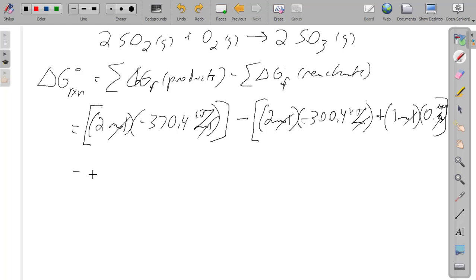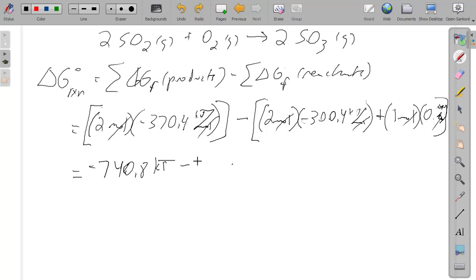And so we end up with 2 times that 370 gives us negative 740.8 kilojoules minus, oh, I'm sorry. Minus a minus. My apologies. Let me erase this and say this again. Okay.